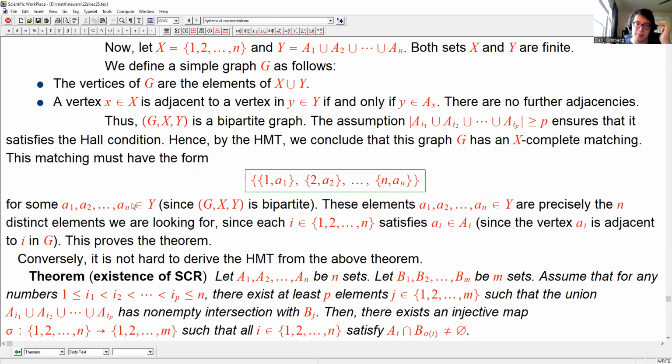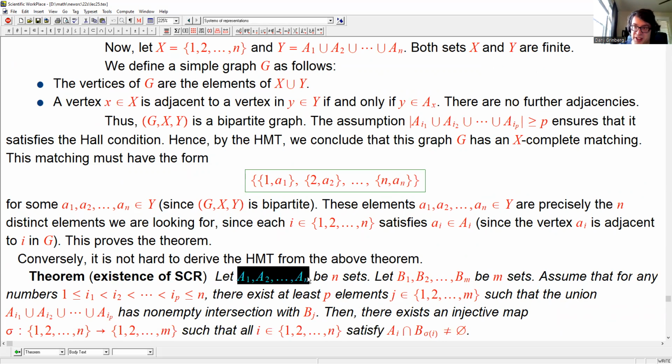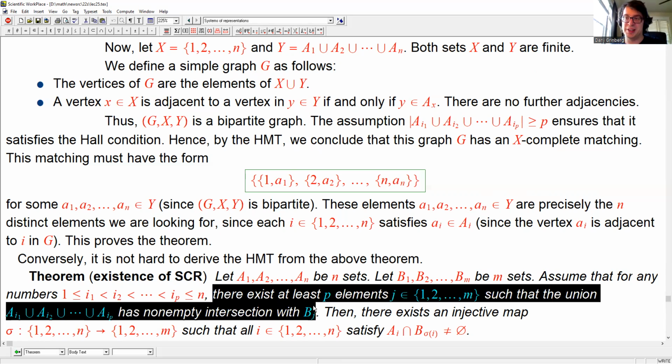So what the claim is saying is that you can match up each set here with some set here so that they have non-empty intersection. And injective means that no two different sets here get matched with the same set here. Otherwise it would be too easy. And this condition is basically, again, a condition that's pretty obviously necessary.